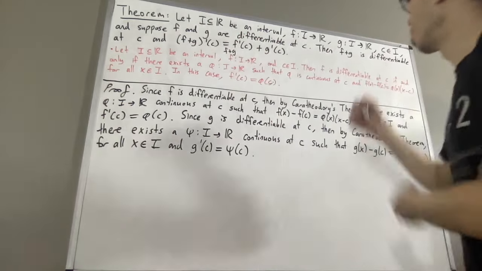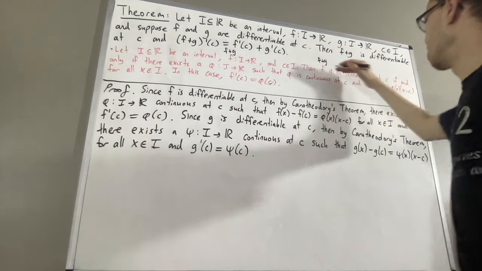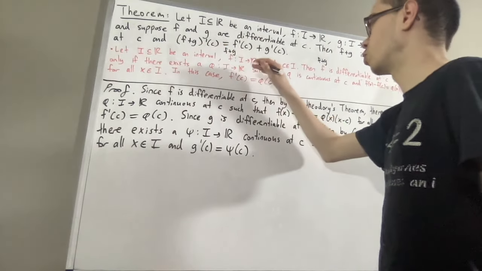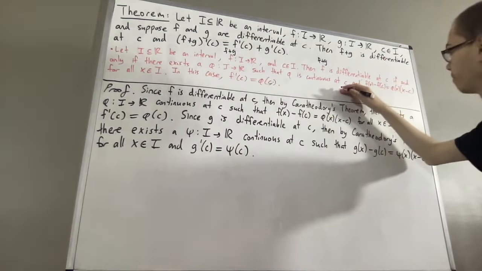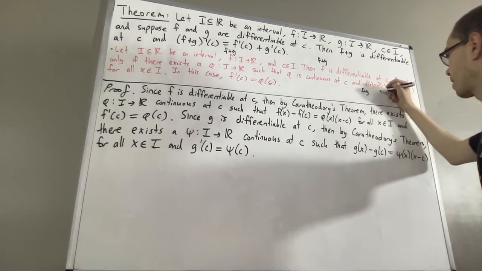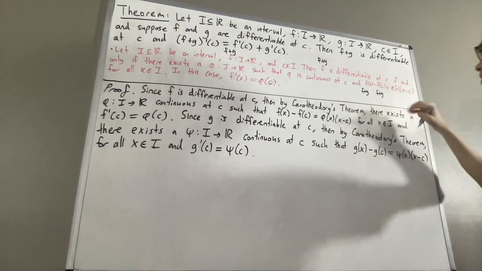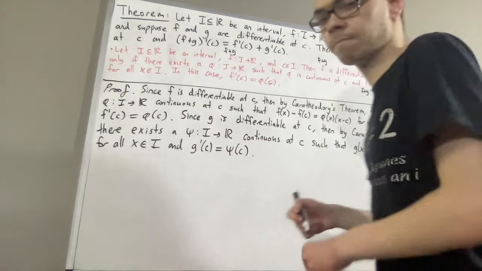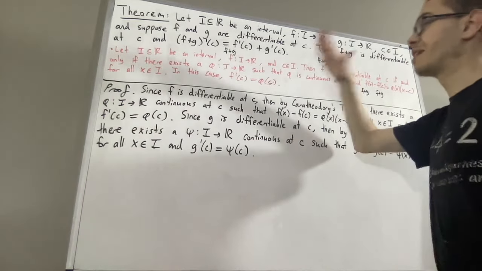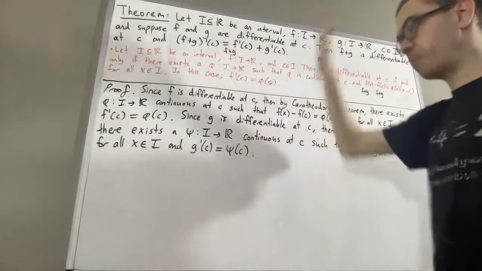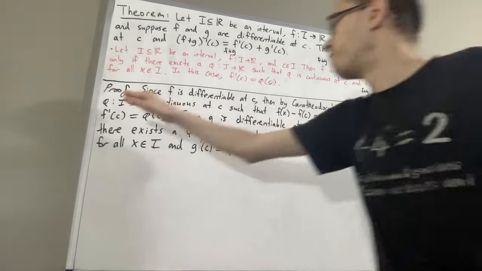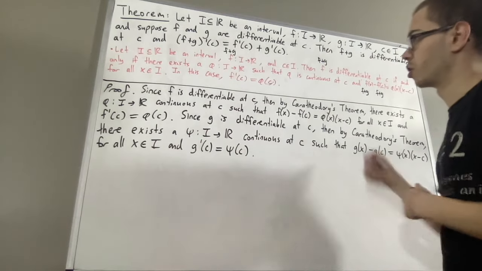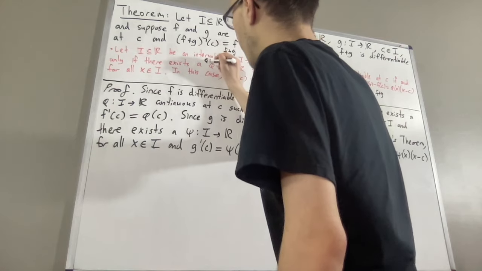To show that f plus g is differentiable at c, we want to show that there exists a function from I to R that is continuous at c, and f plus g of x minus f plus g of c is equal to that function evaluated at x times x minus c for all x in I. Now, it's almost natural to take this function to be the function phi plus psi. And so that's the function that's going to work. So we're going to take this function to be phi plus psi.